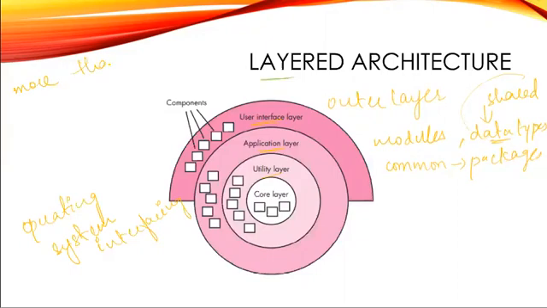You can use more than one style, or you can also make use of different designs so that you can get to know what the different alternatives are. So with this, we finished the architectural styles topic.